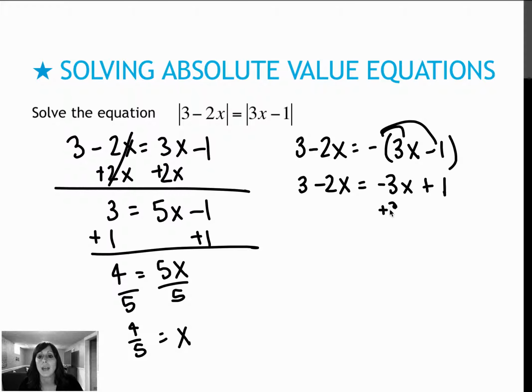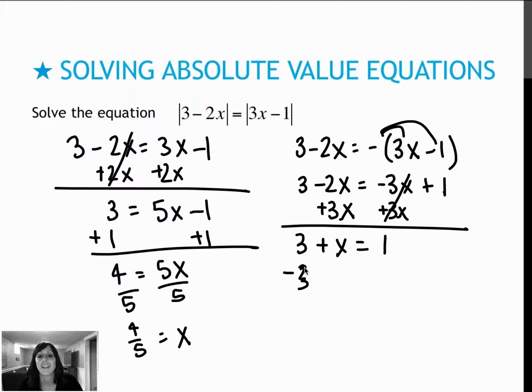I'm now going to add 3x to each side. I do that because I like to deal with the positive values. So on this side I have 3 plus x, negative 2 plus 3 is 1, equals 1. I'm going to subtract 3, sorry about that, subtract 3. I get x equals negative 2, and then again I can check both of those answers and then write them in set notation.